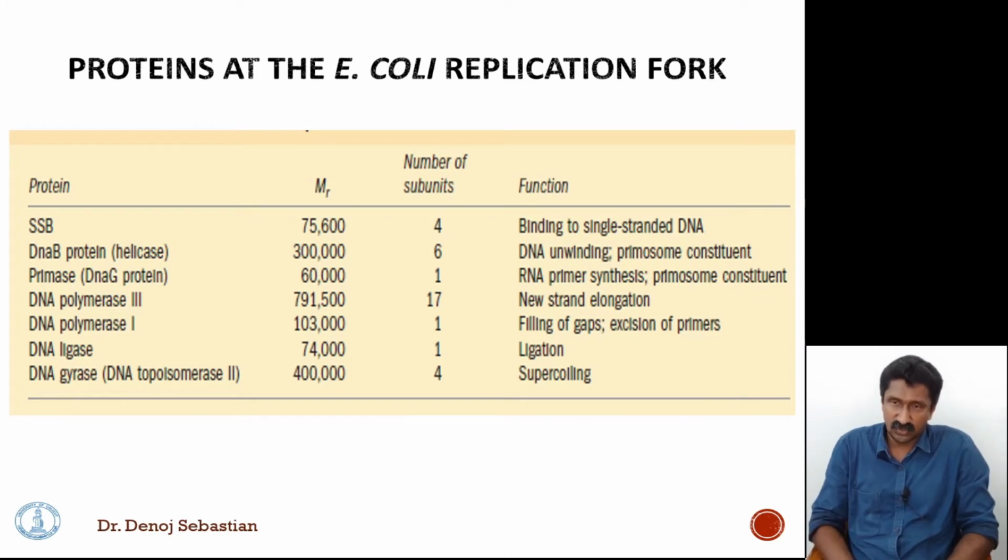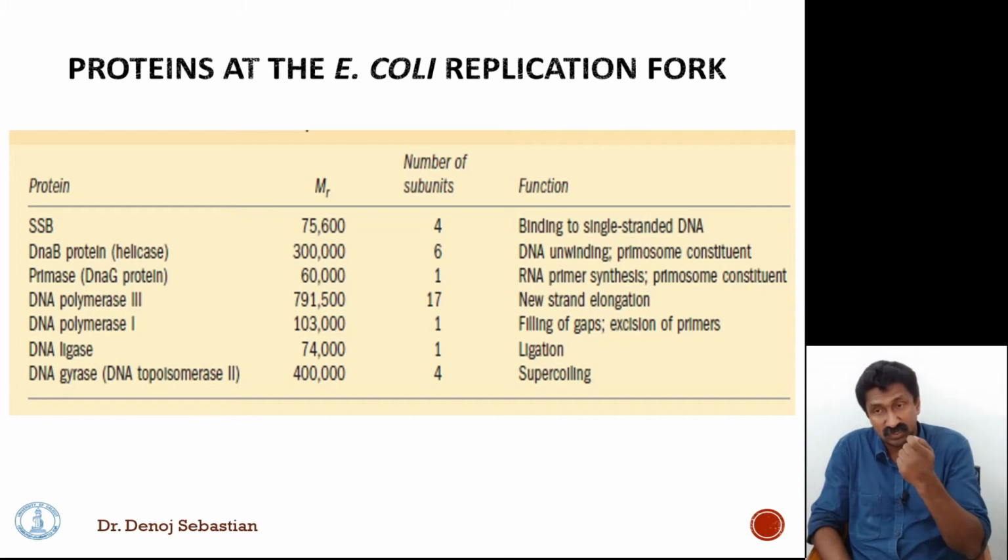DNA gyrase, which is a DNA topoisomerase class 2 enzyme, cuts both the strands of the DNA and releases the supercoiling. And when we discuss topoisomerase, the topoisomerase 1 category cuts one of the strands and tries to release the tension.